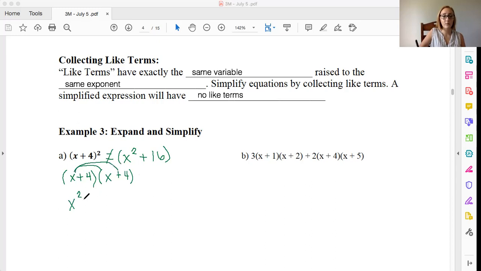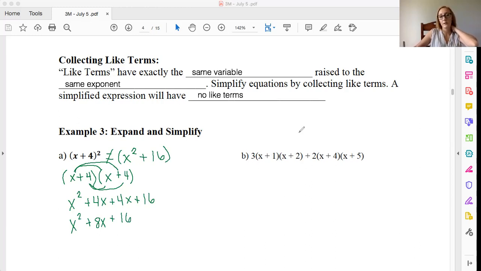X times 4 will give you plus 4x. 4 times x will give you plus 4x. And then 4 times 4 will give you 16. And again, you're putting your like terms together, so the letters are the variables that have the same exponent. So here we've got 4x plus 4x, which gives us 8x. Okay, and that is your answer.